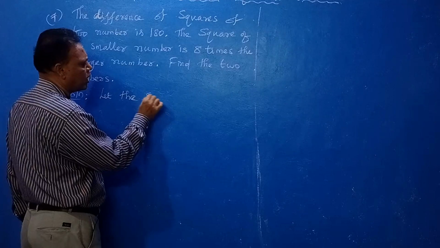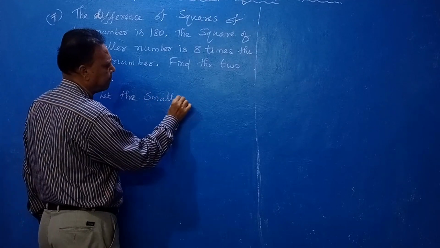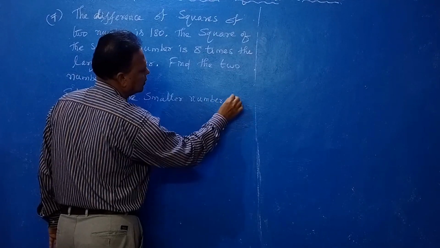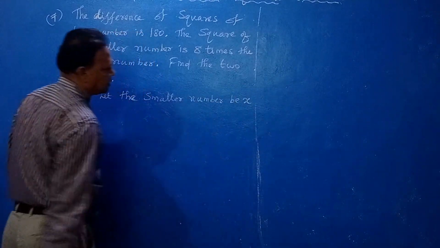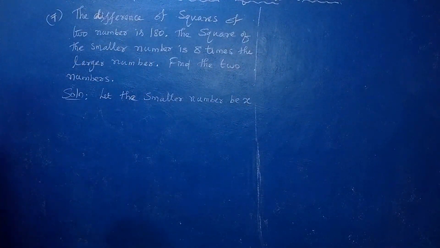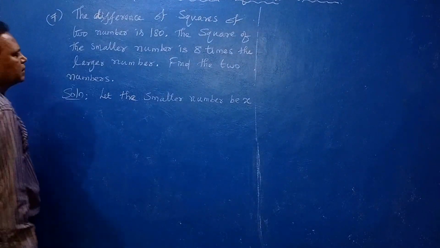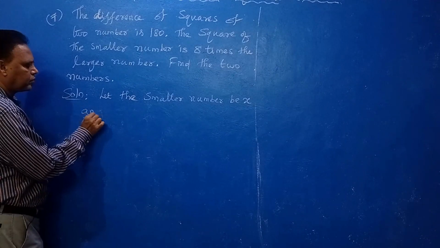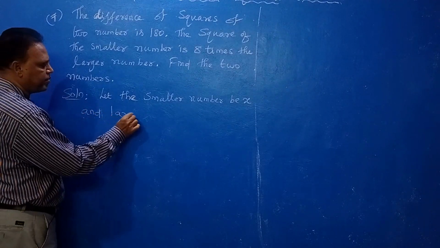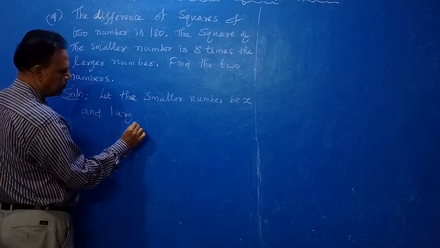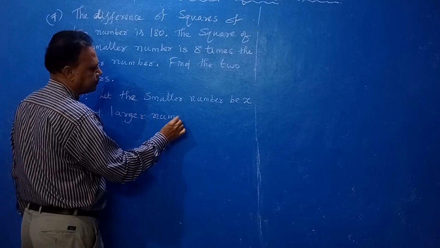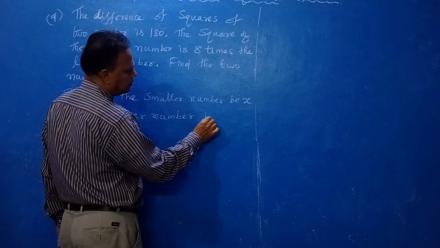Let the smaller number be x, and the larger number be y.